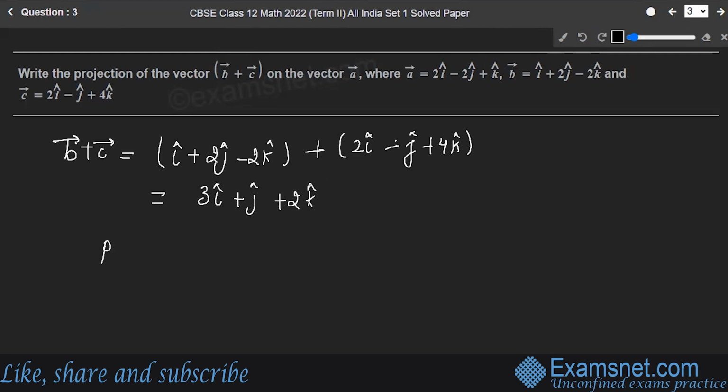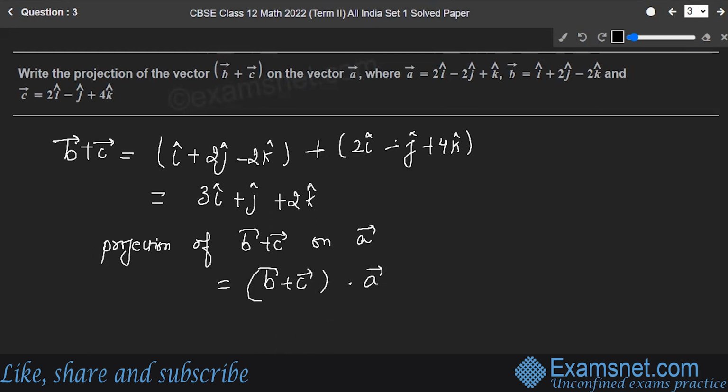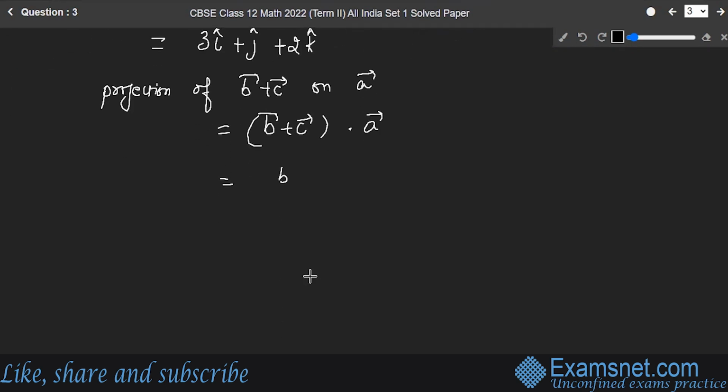Now the projection of b plus c on the a vector is the dot product of b plus c and the a vector, divided by the magnitude of a, right?